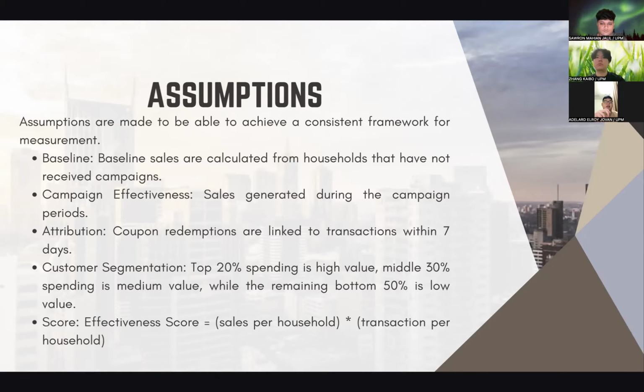For customer segmentation, each customer is split: the top 20% is high value, 30% is medium value, and the bottom 50% is low value. It uses the formula effectiveness score, sales per household times transactions per household.